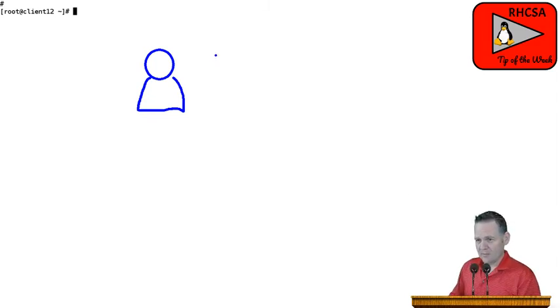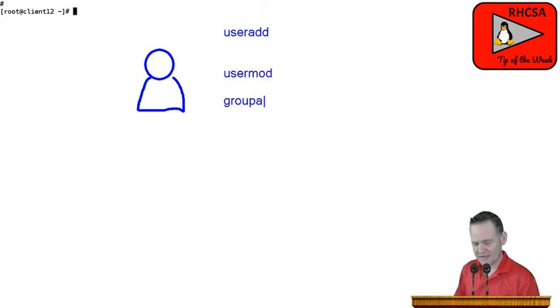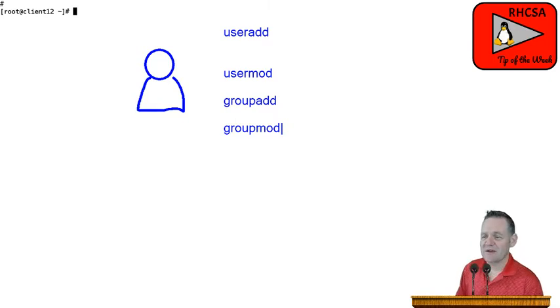The commands that we're going to use here, primarily, will be the useradd command to add a user. We will use the usermod command to modify a user. We'll use the groupadd command to add a group, and we probably won't look a whole lot at the groupmod command, but there is a command for modifying groups as well.